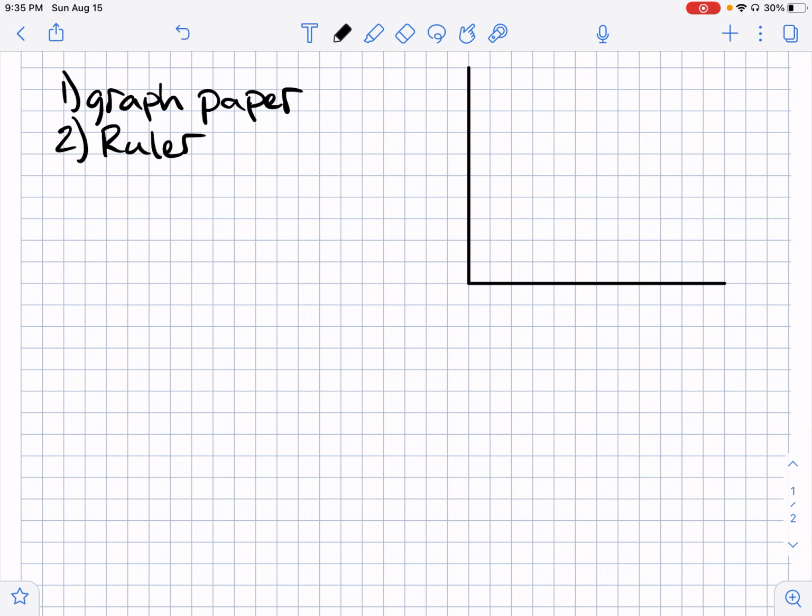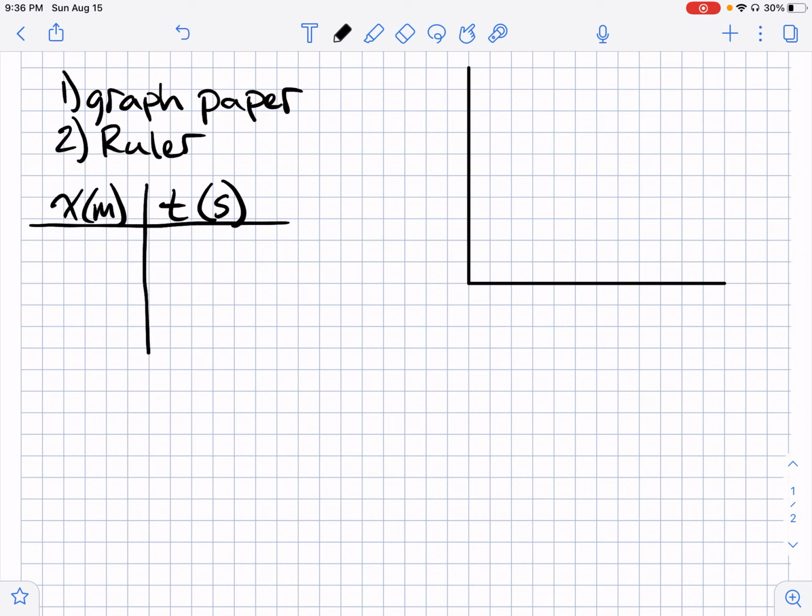Once it's time to start graphing, you're going to have some kind of a data table, or you're going to pull some data from an experiment, and then you're going to graph it. Let's say, for instance, you're given some data for position and time. X, in meters, is my position, and I was also given some time, in seconds.